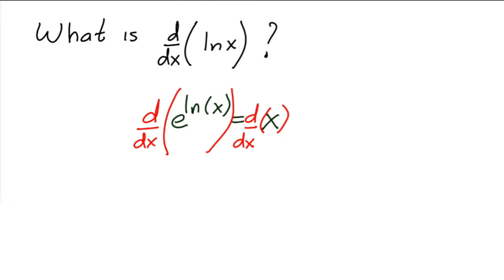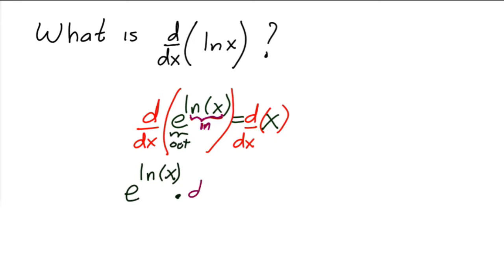So from the chain rule, this is the inside, and this is the outside. I get the derivative of the outside. The derivative of e raised to a power is just itself, so e to the natural log of x, times the derivative of the inside, but hey, I don't know the derivative of natural log of x.